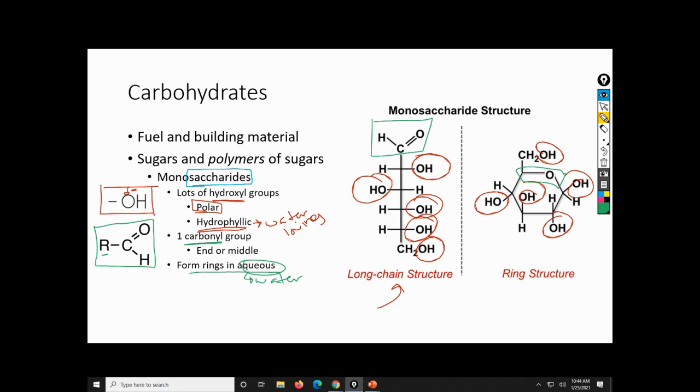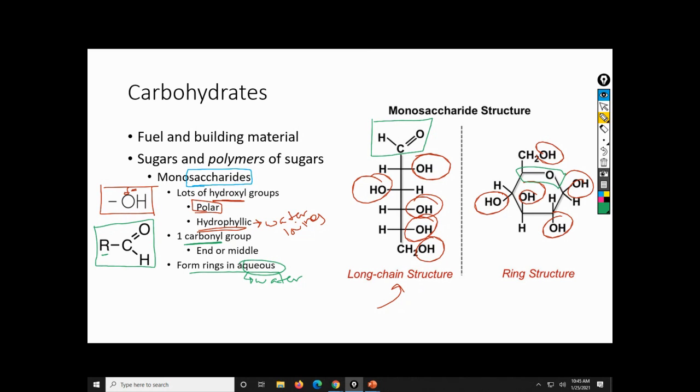This is why for each of these, I'm always going to try to give you a couple of things to look for. That way you always can recognize what we're looking at, kind of no matter what you're given. So the carbonyl is nice, okay, but we also have the hydroxyl groups. Okay, so if I were to say, is this a carbohydrate? We both have the red and the green, okay, our hydroxyl groups and the carbonyl group to look for if I wanted to identify it.